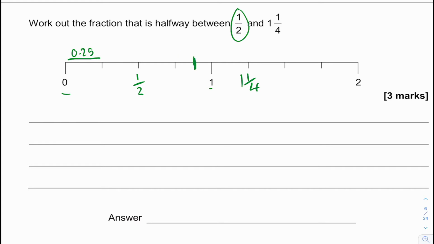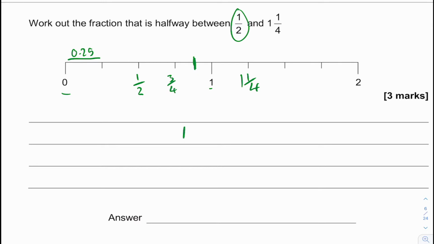So this is 3/4. This is 1. So in the middle of these two values, what we've got is 7/8. This number line actually confuses the question, to be perfectly honest. But we can say this is 3/4 and this is 1.